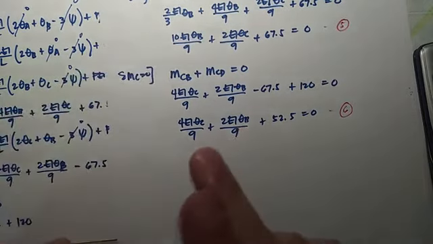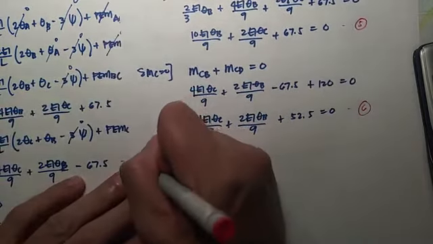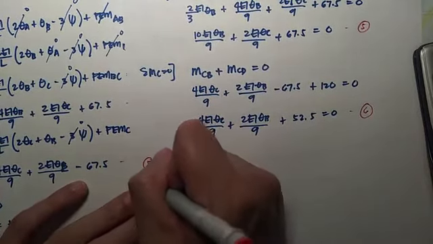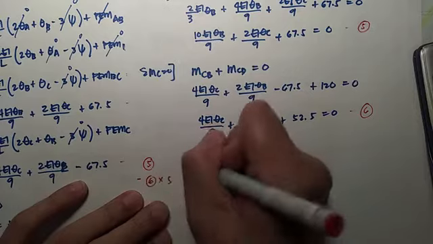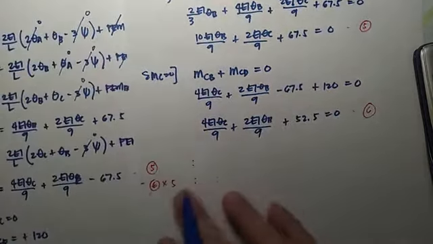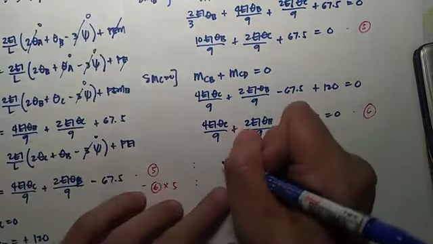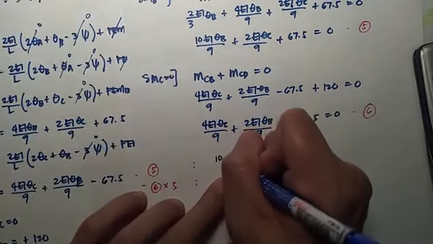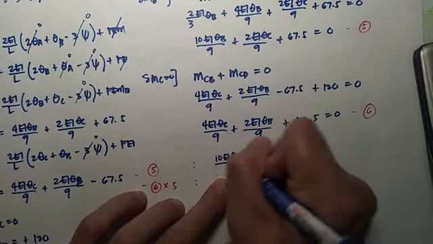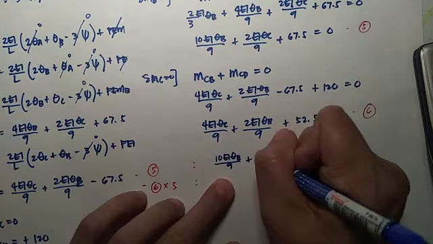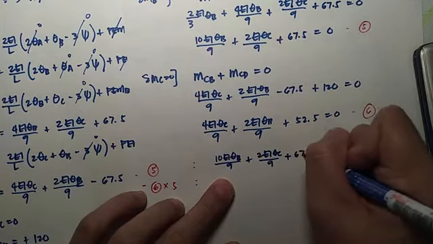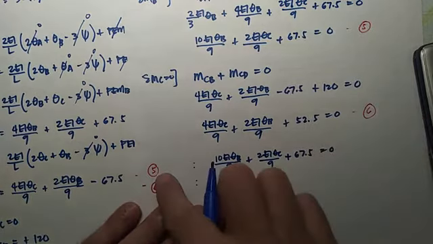So equation 5, kasi minus ko siya sa equation 6 times 5. Gawin natin yan. So kokopyahin ko lang yung equation 5, ito yun. So that would be 10 EI theta B over 9 plus 2 EI theta C over 9 plus 67.5 equals 0. Yan yung equation 5.